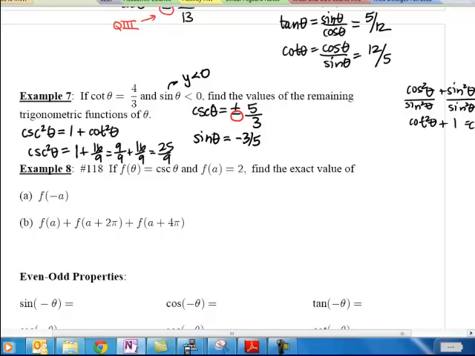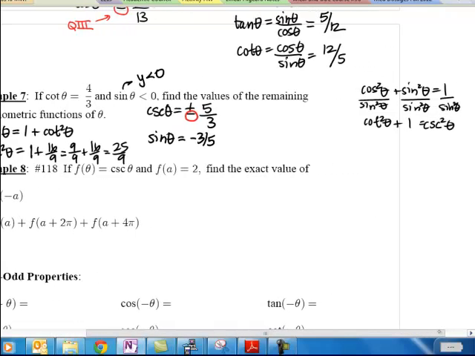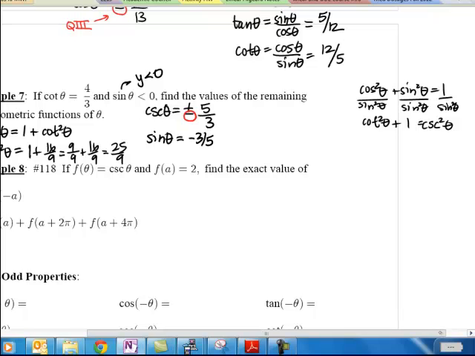And let's see, the others are going to be a little trickier to get than they were in the last example. Cotangent is cosine divided by sine. Right? So if I want to know cosine, I could do sine times cotangent. So if I do cosine is sine times cotangent, I have those values. I'd have negative 3/5 times 4/3. Looks like negative 4/5.